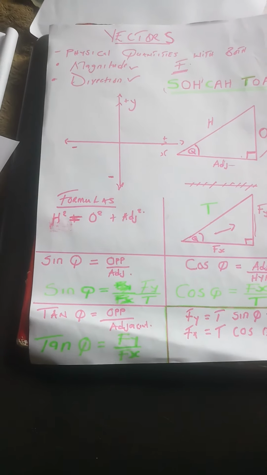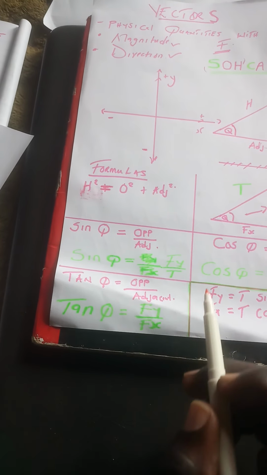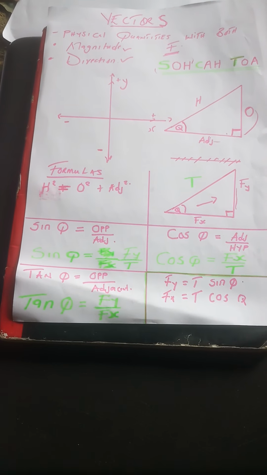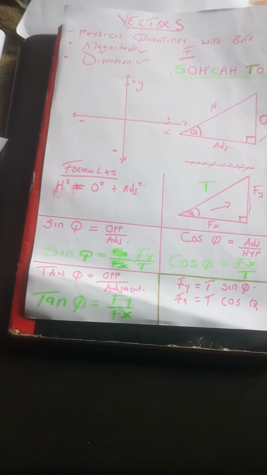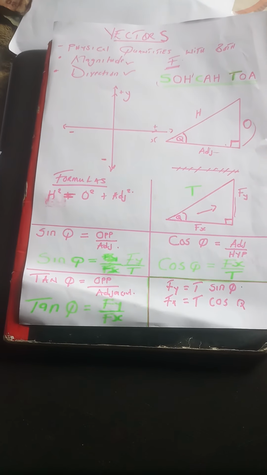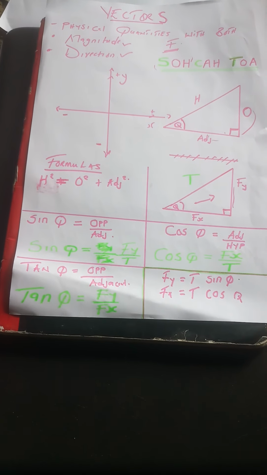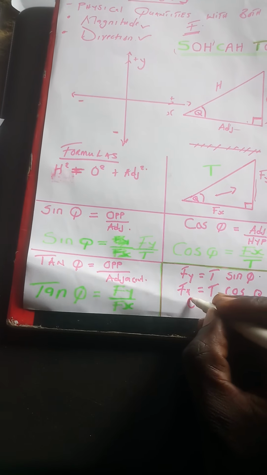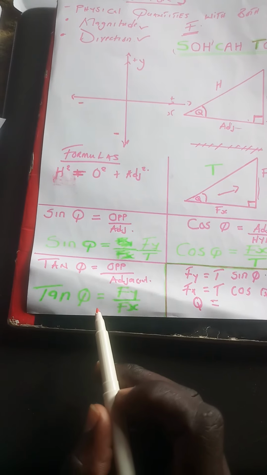And to find the tan, it's simply tan theta is equal to opposite over adjacent, and we use the tan mostly when we're trying to find the angle. We've already found the magnitude of the resultant force. Now we're finding the angle, which is the direction of that same resultant force. We use tan, and theta, since the angle of interest is theta, will be equal to tan inverse of Fy over Fx.